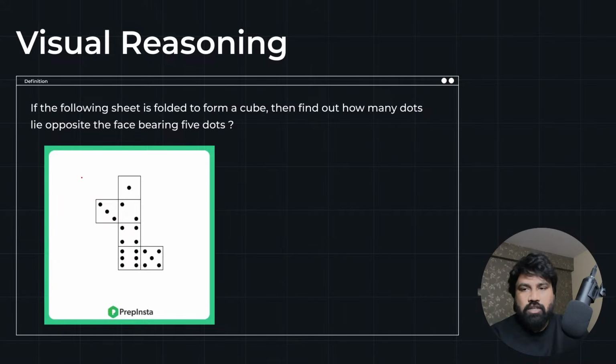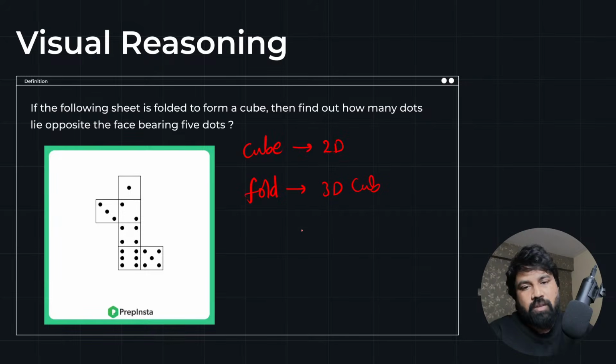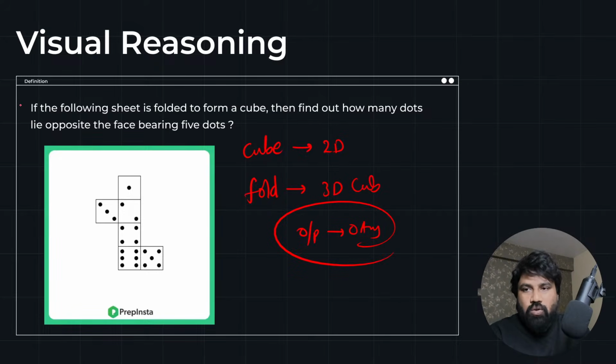Okay, so the first concept is called cube. They will give you a two-dimensional figure, and you need to fold it to get a three-dimensional cube, and you need to tell which face will be opposite to which. Okay, so first look into the question. If the following sheet is folded to form a cube, find how many dots lie opposite to the face of 5 dots.